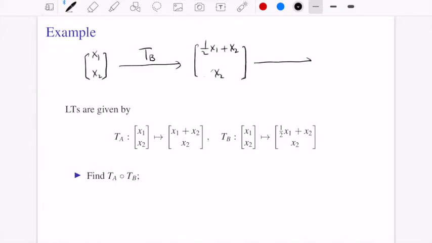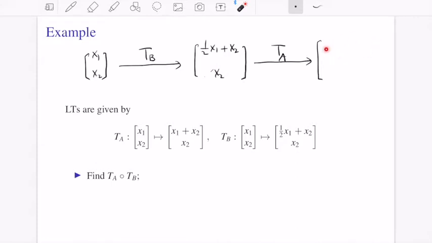And then again we act TA. If we carefully look at the definition of TA, then x1, x2 becomes x1 plus x2, and x2. So the first coordinate after the transformation TA becomes the sum of the two coordinates in the original picture. For TA, the original coordinates are given by this and this.